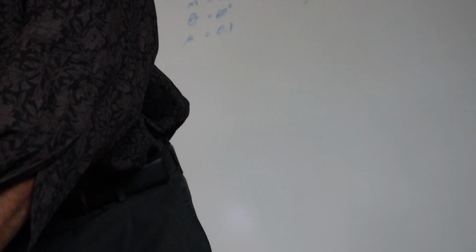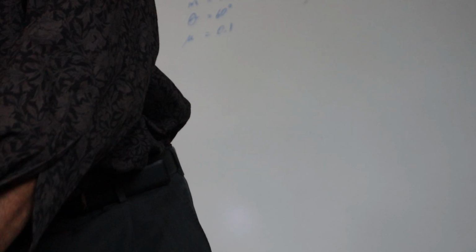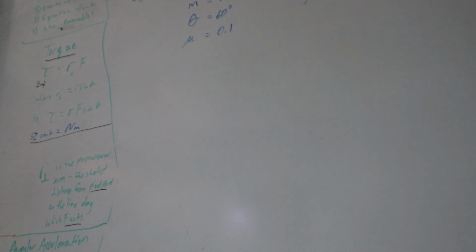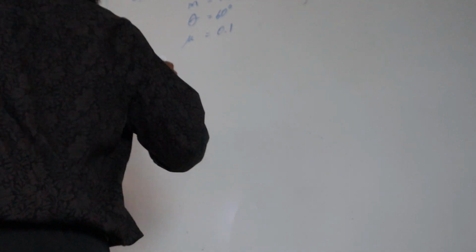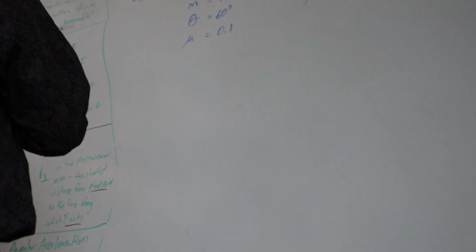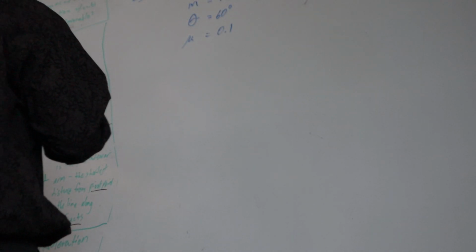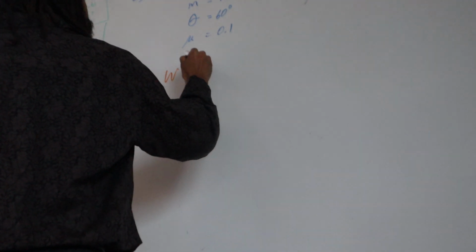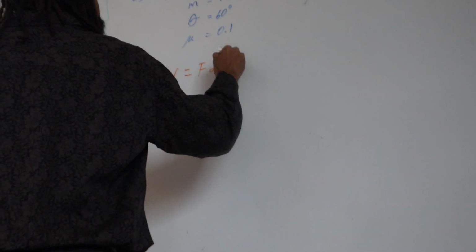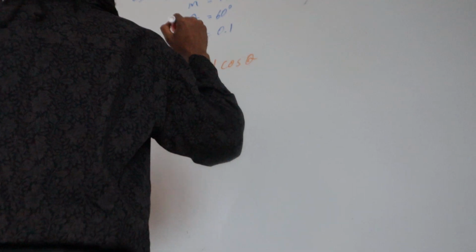So the next part, how much work is done by friction? So we just need to do the FD cosine, from our equation, W equals F D cosine theta.